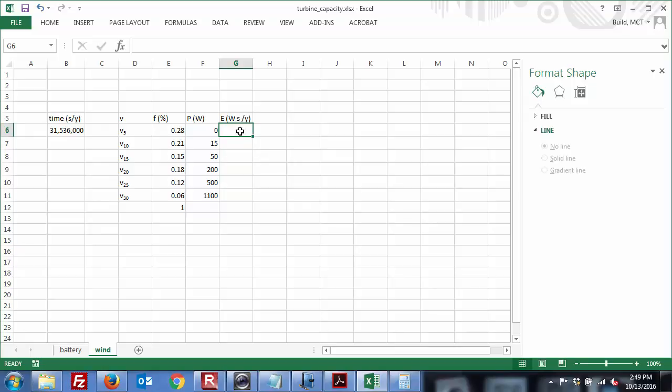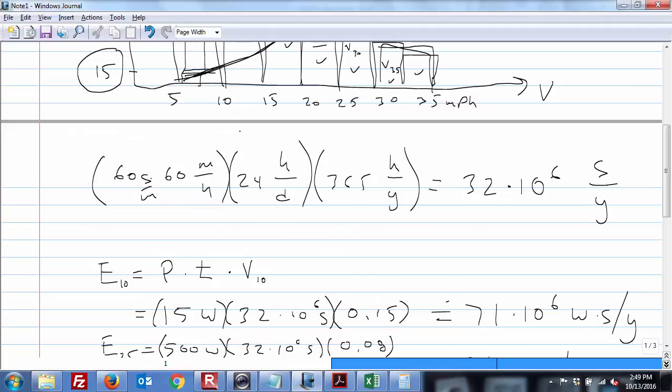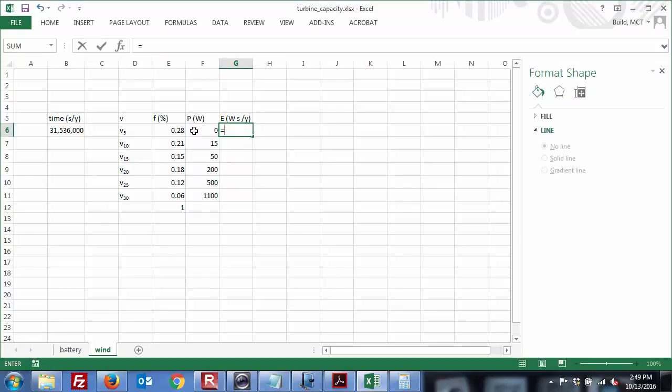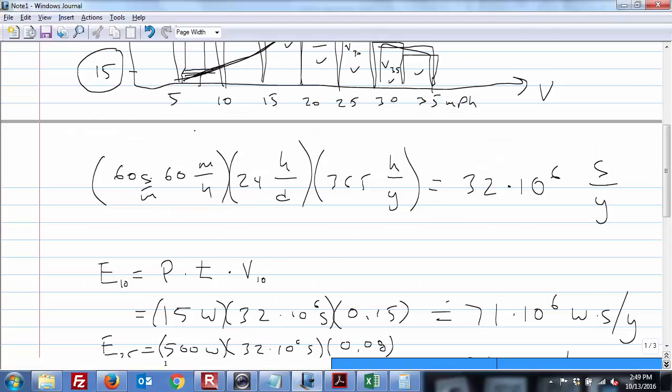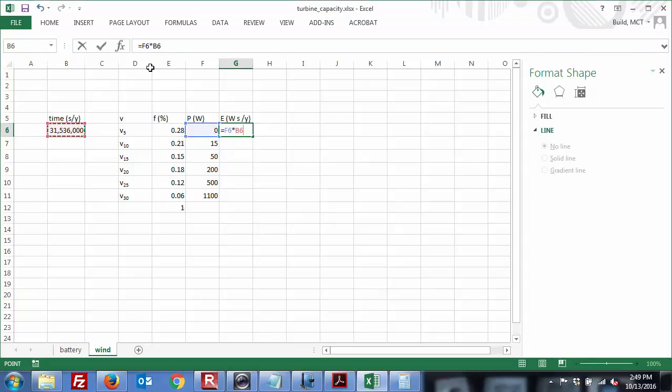All right, so equals power times time, and I'm going to throw that dollar sign in front of this. This will keep it as an absolute reference. Times our fraction.